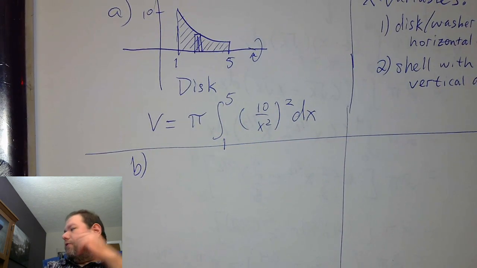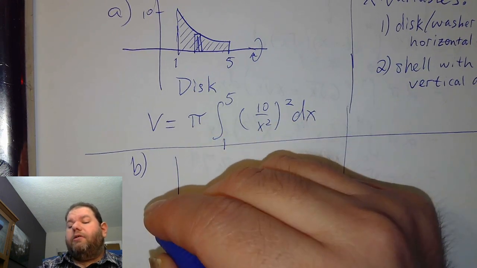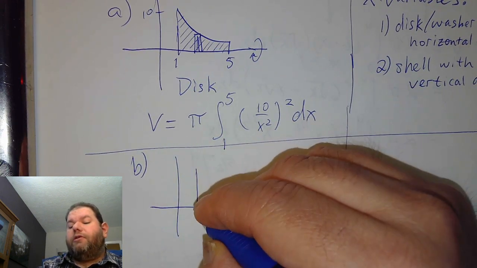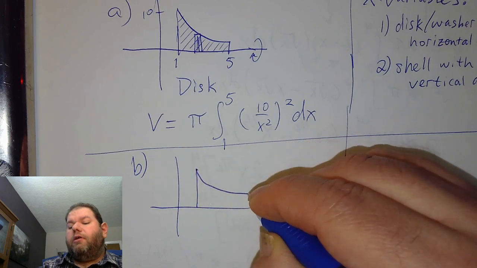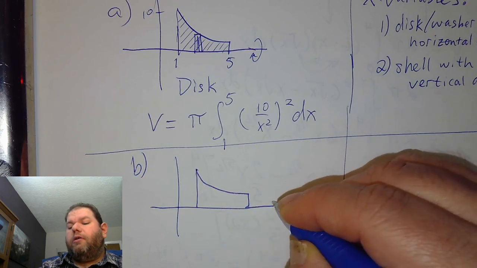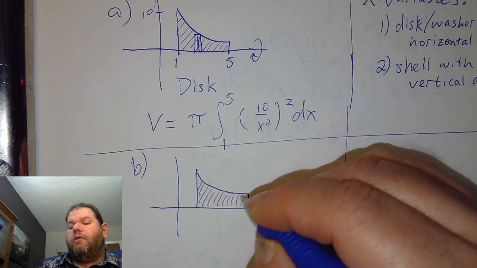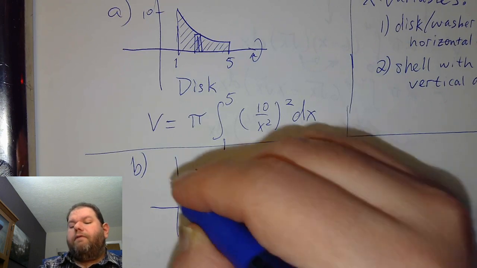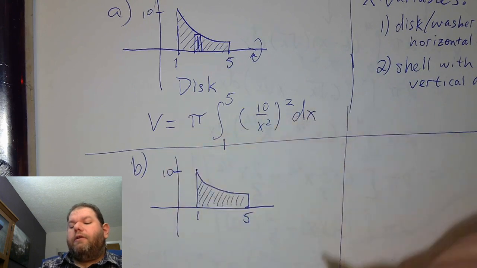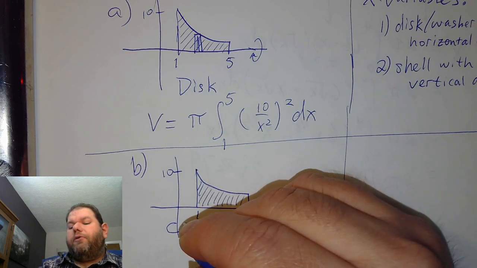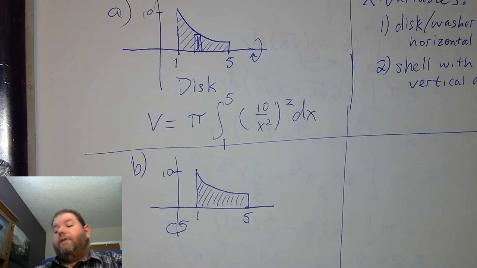Alright, so for question B, we have the same figure, same shaded region. 1, 5, 10, and this time we're going around the y-axis.